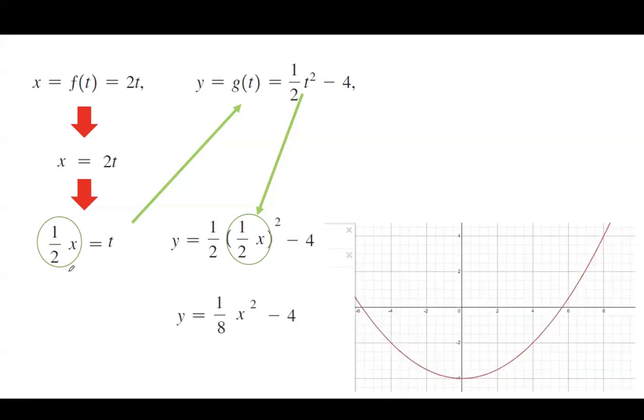This is basically the parabola that you learned in algebra. When t is equal to 0, your x is equal to 0, and y becomes negative 4. This is basically the starting point.